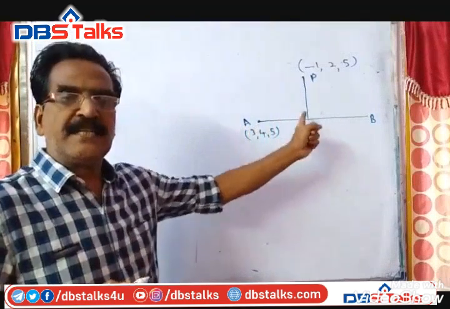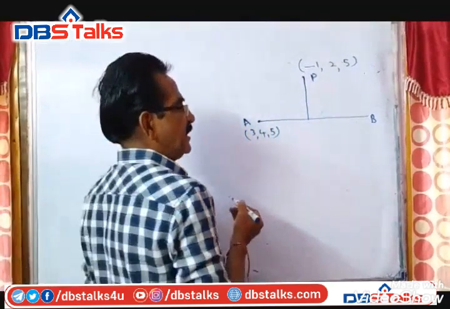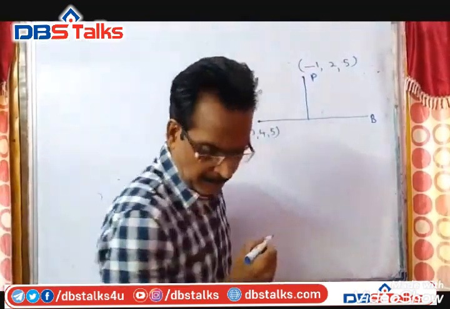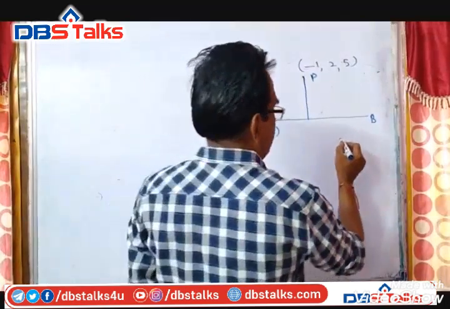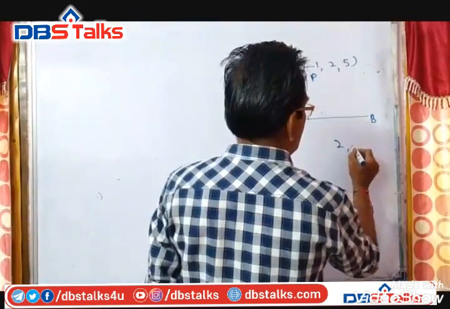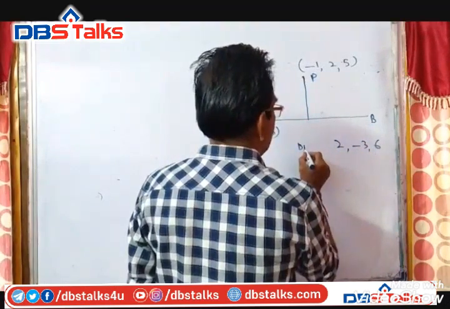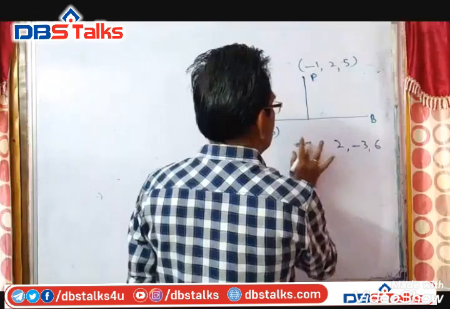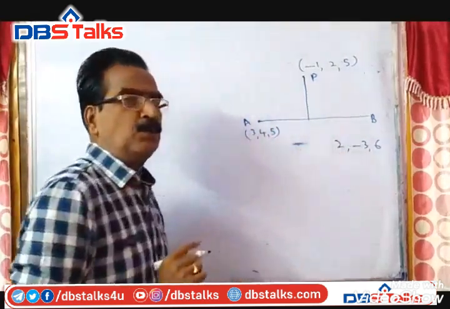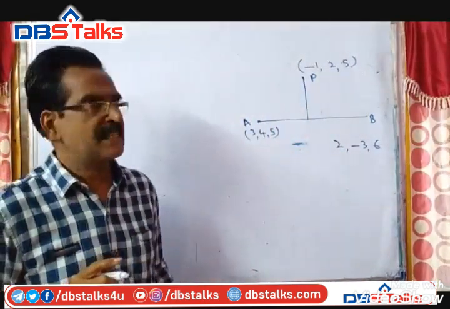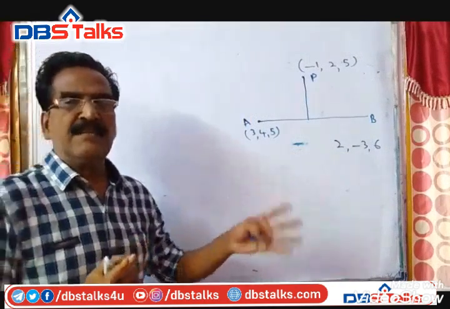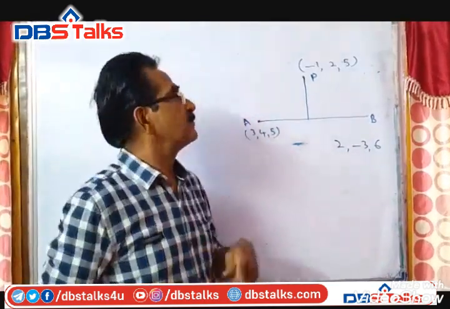The direction cosines of AB are proportional to 2, minus 3, 6. This is the given data, friends.